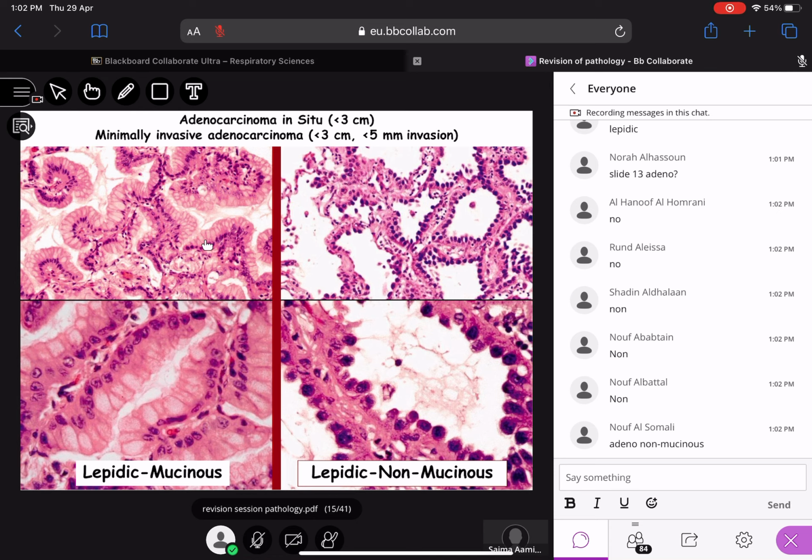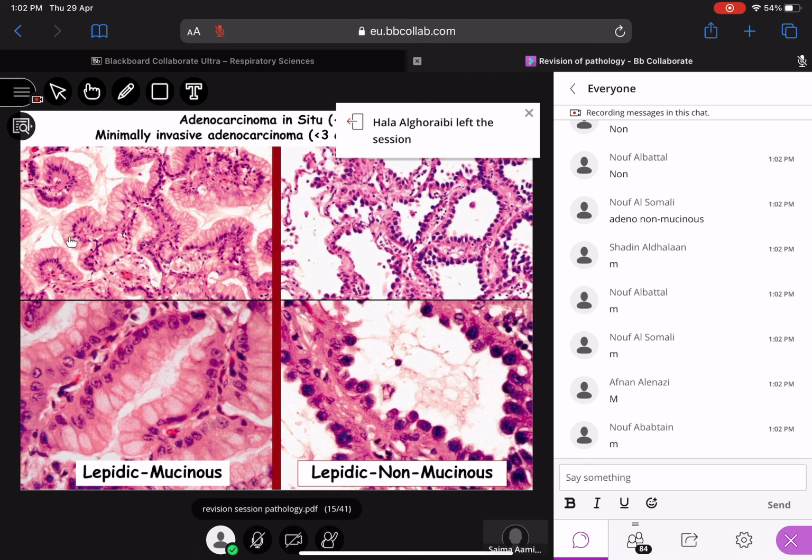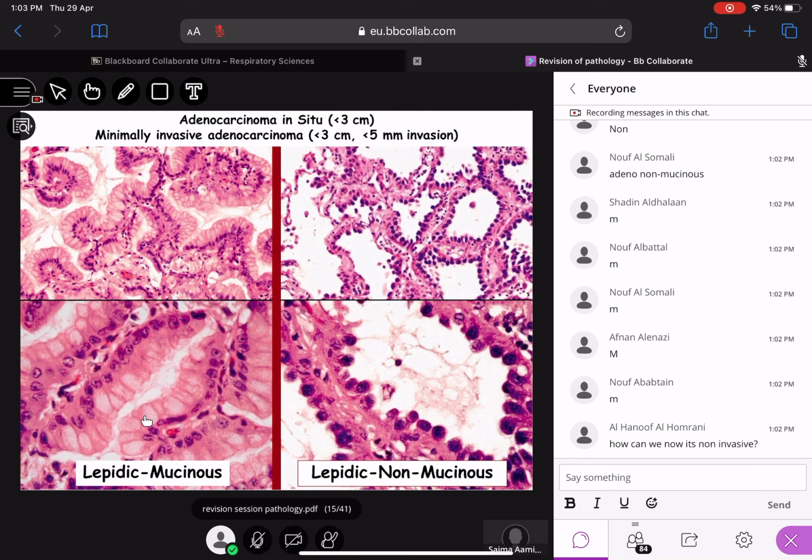And what about this one? Is it M or N? Mucin or non-mucin? Mucinous. You can clearly see mucin, this light purple or light pinkish, pale, clear appearance inside the cytoplasm. So this is mucin.